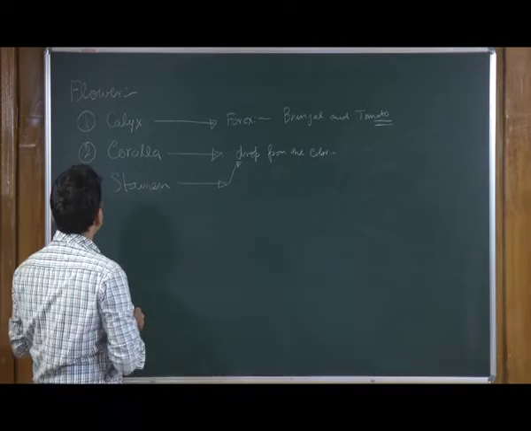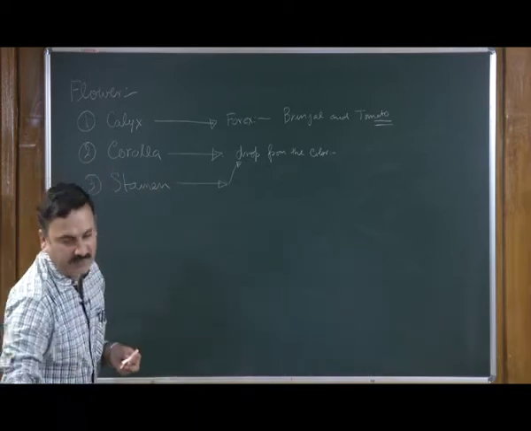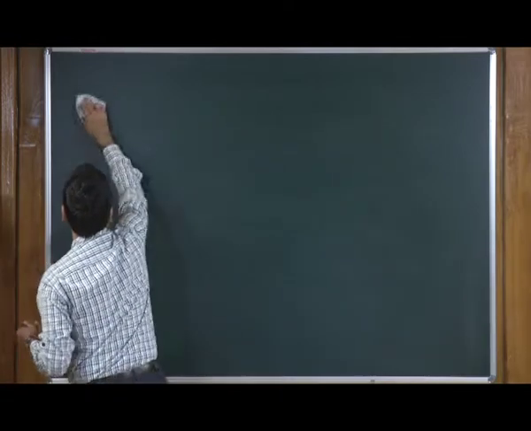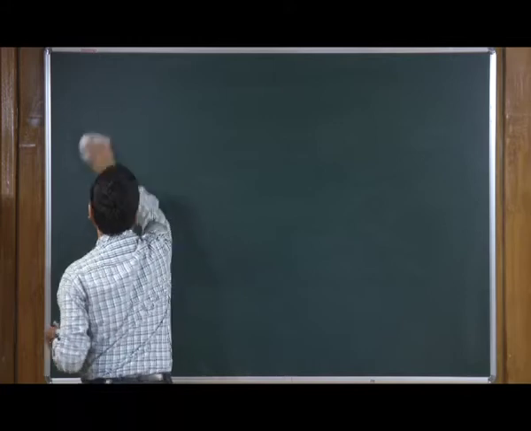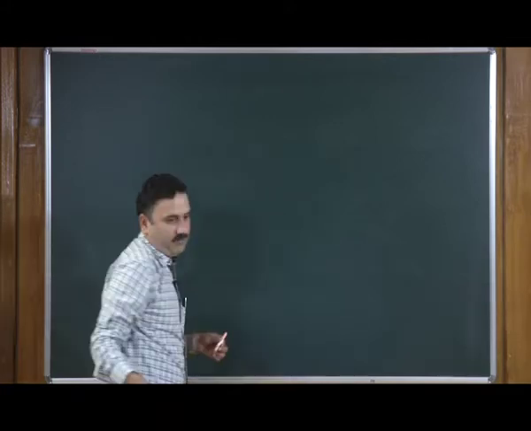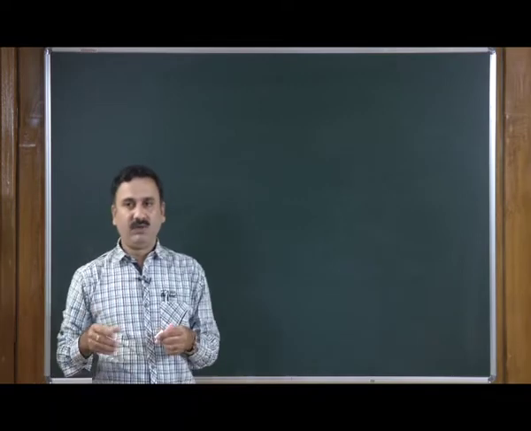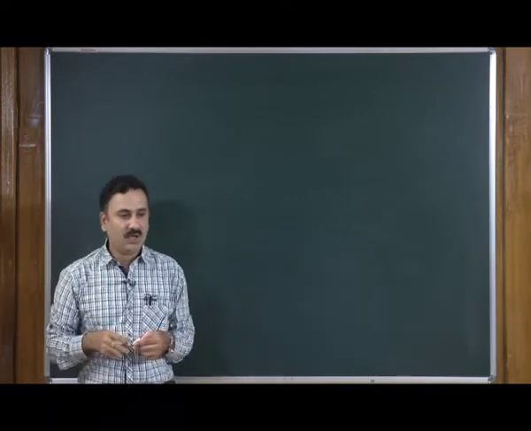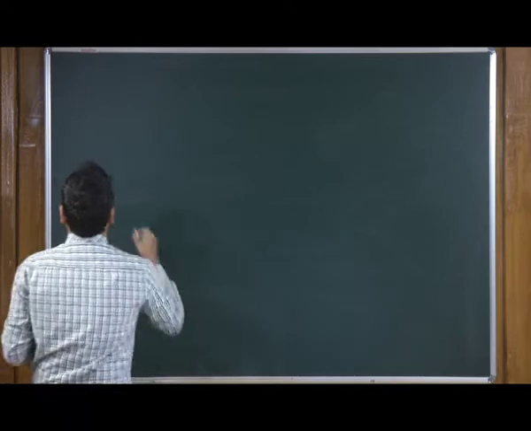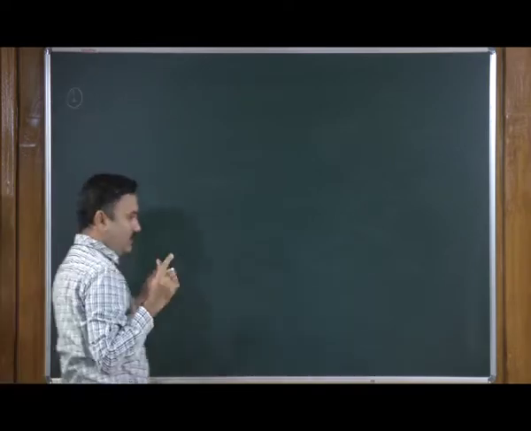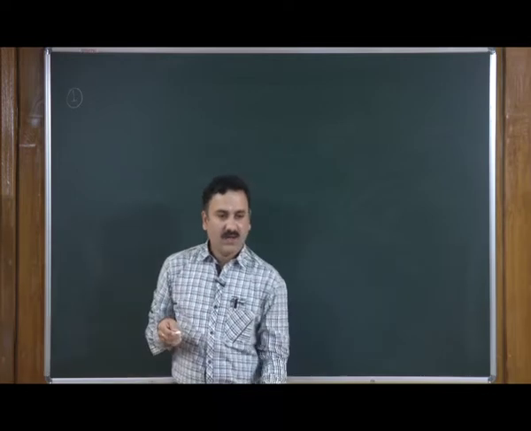The major events that happen after fertilization: during fertilization, it is double fertilization. One of the male gametes fuses with the polar nuclei, and the other male gamete fuses with the egg to form the zygote. So you have two individuals.